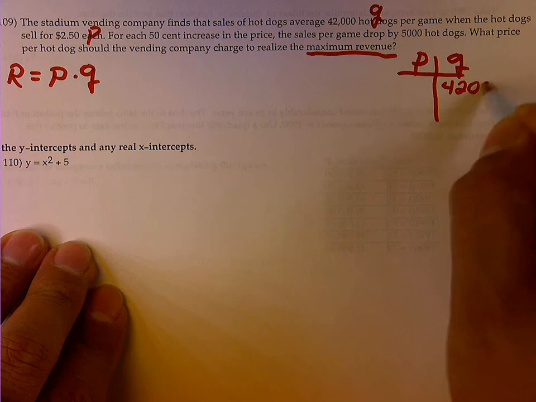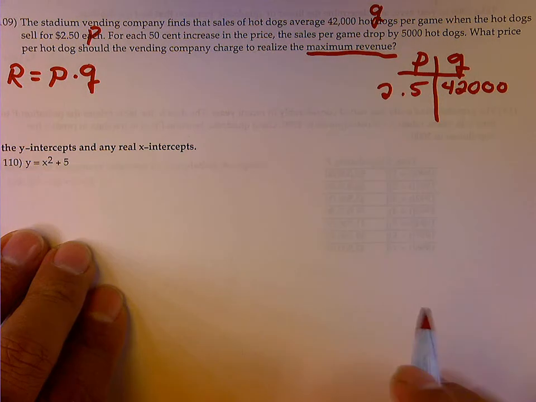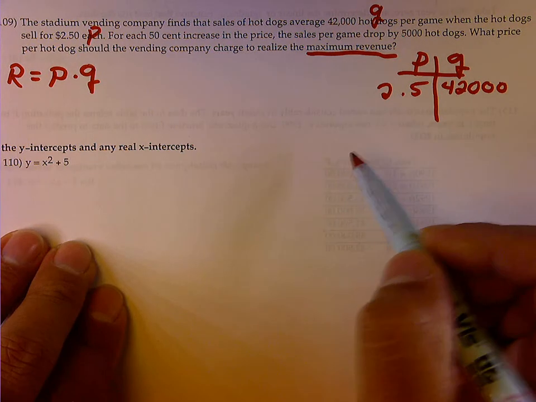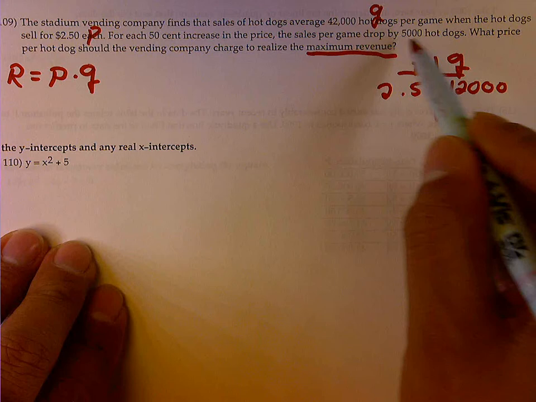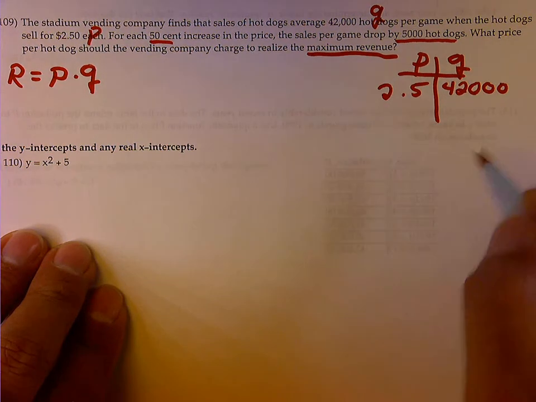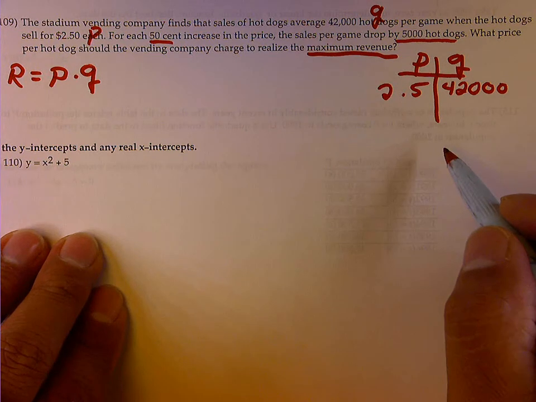That's a point. For each 50-cent increase in the price, the sales drop by 5,000. So I can use that as a slope.